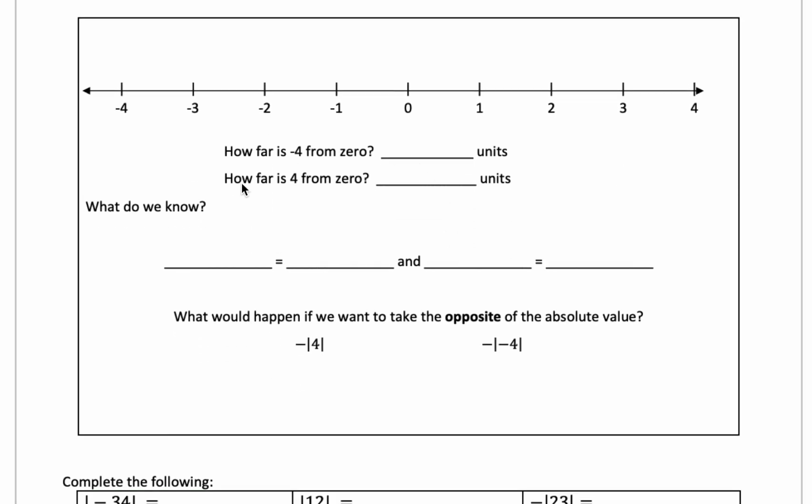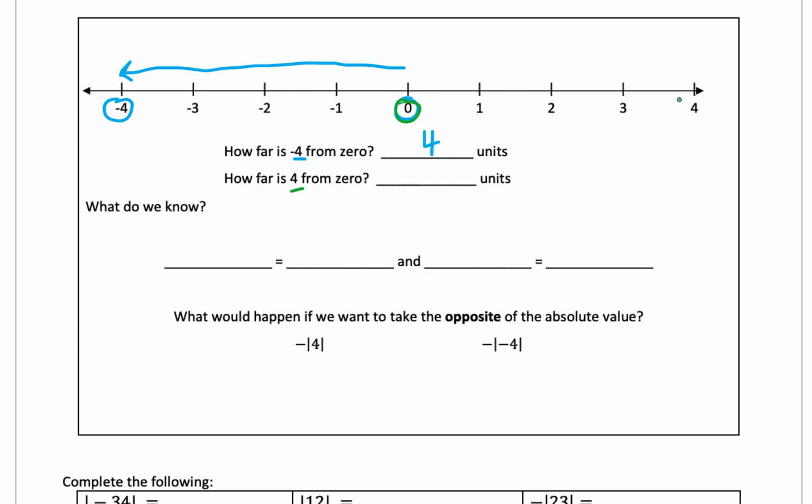So my first question for you here is, how far is -4 from 0? Well, I'm going to draw that here on our number line. From 0 to -4, I would have to count 1, 2, 3, 4 numbers to the left here. And that gets me 4 units away from 0. Now, in the opposite direction, how far is +4 from 0?